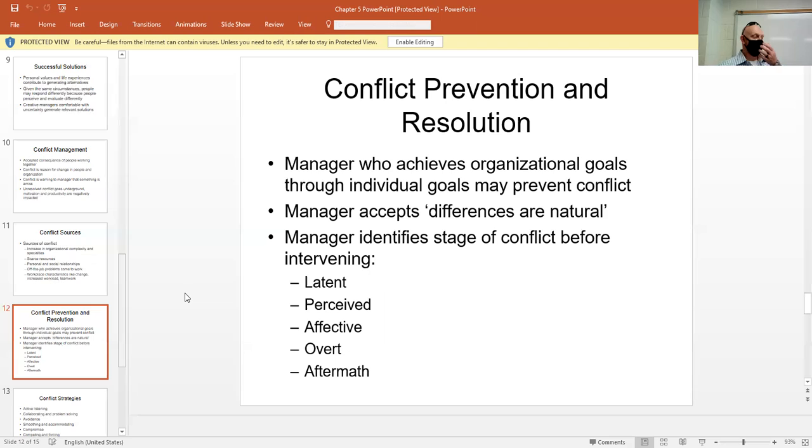If you jump in too early... it needs to be starting to affect outcomes, become apparent to other people, starting to be an ongoing problem, something like that, before you need to intervene. You don't jump in at the very first sign, okay? That's the main thing I want you to take from this, but I want you guys to go back and read about latent, perceived, affective, overt, and aftermath.